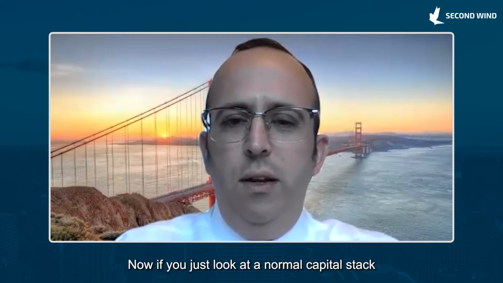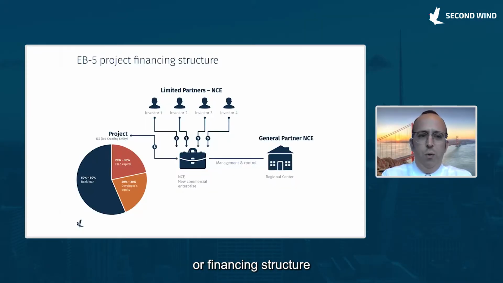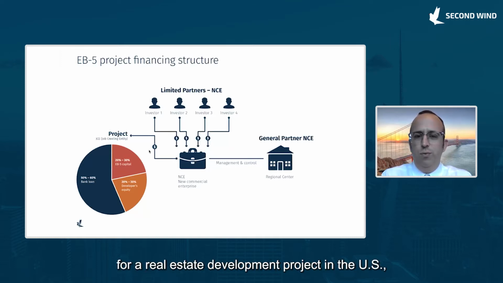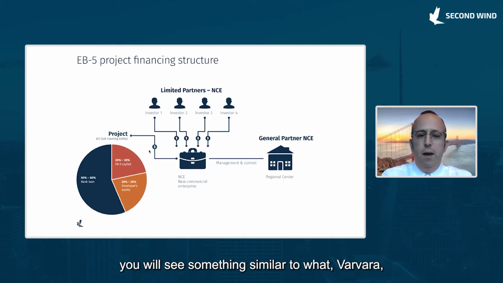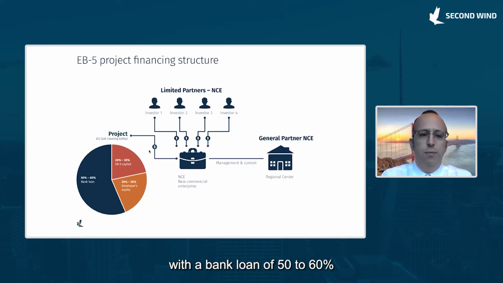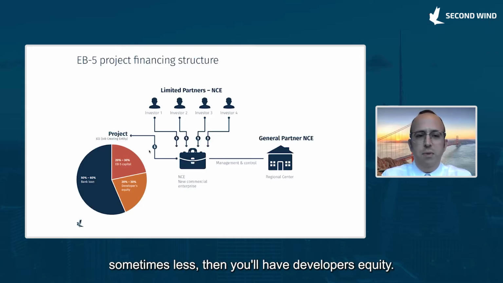Now, if you just look at a normal capital stack or financing structure for a real estate development project in the US, you will see something similar to what Varvara you've shared on the screen here, with a bank loan of 50 to 60%, or around 50%, sometimes less.